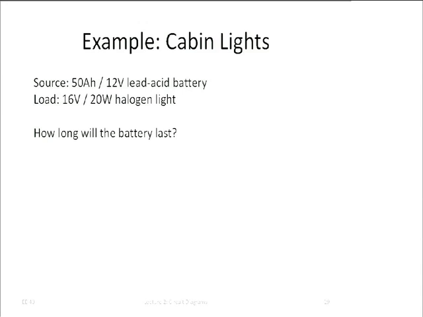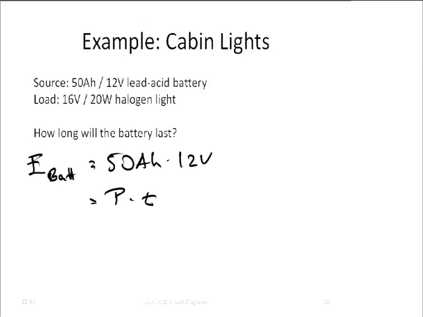Okay, so first we want to know how much energy we have in the battery. That's 50 amp hour times 12 volts, right? That's the energy in the battery. And then we know that energy is equal to power times time, so time is equal to energy in the battery divided by power.